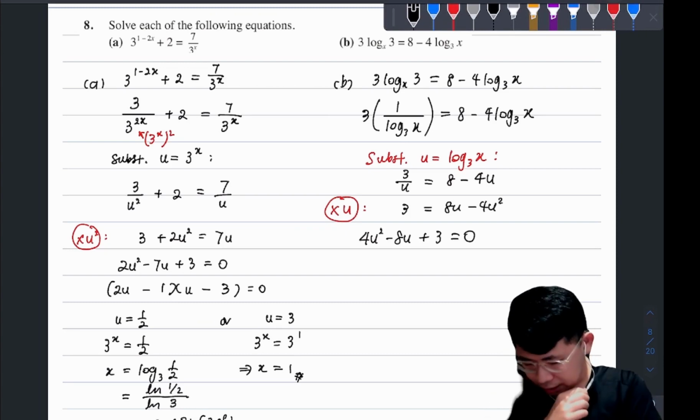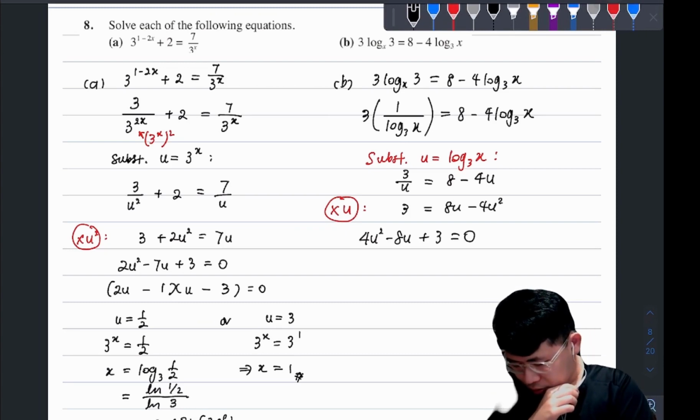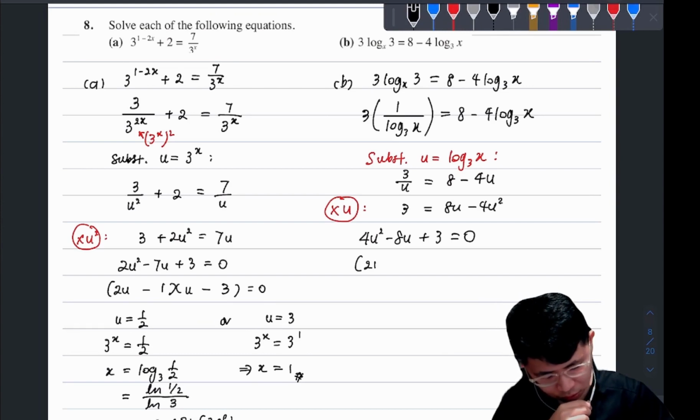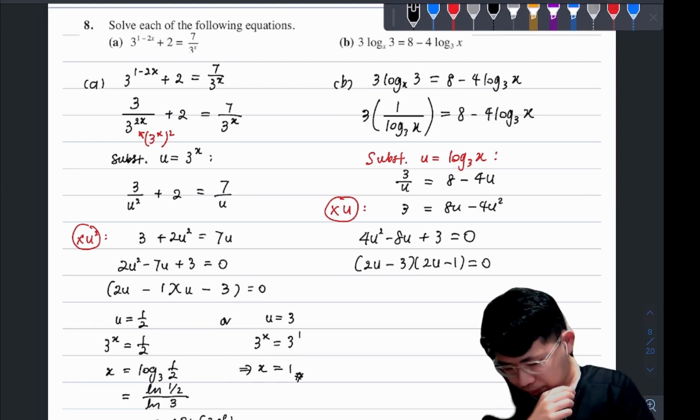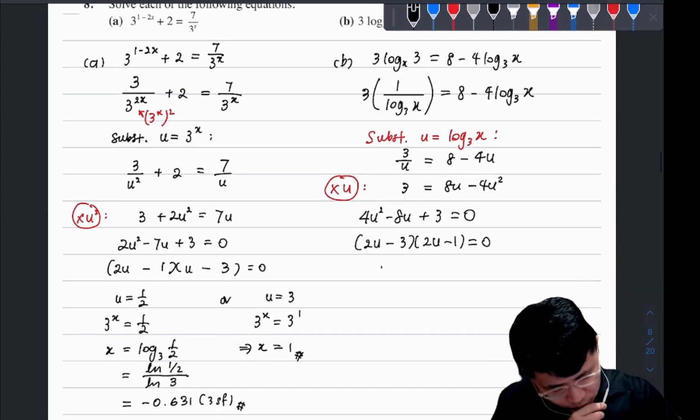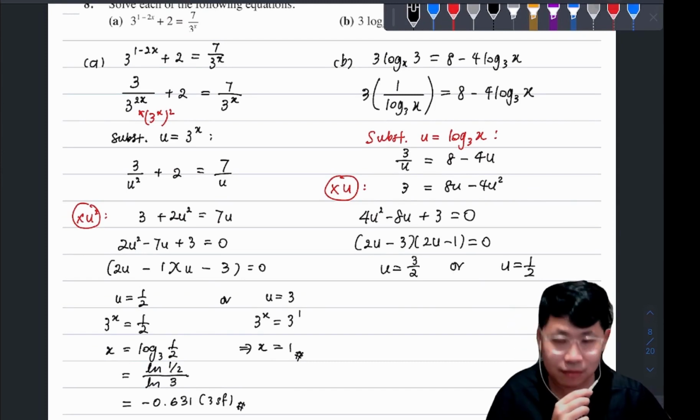Okay, rearrange like this. I have a feeling we can factorize. So this will be (2u minus 3)(2u minus 1). So u will be equal to 3 over 2, or u would be equal to half.